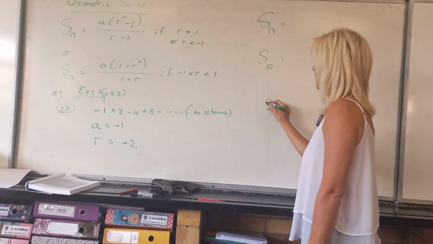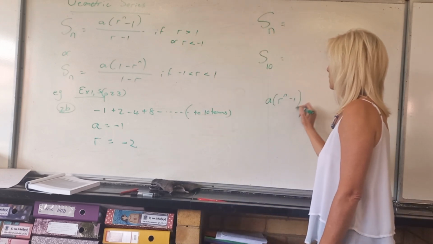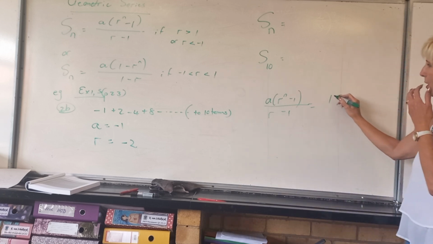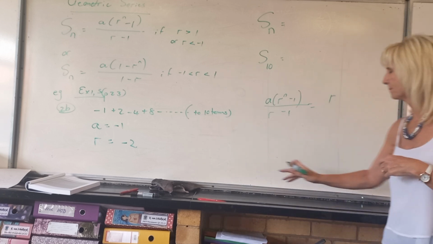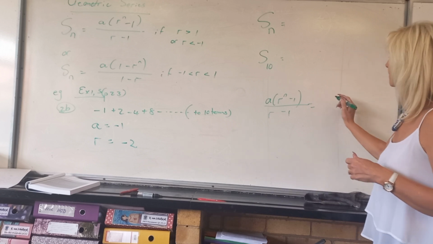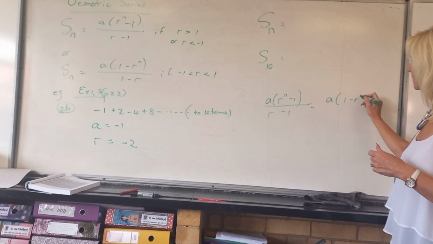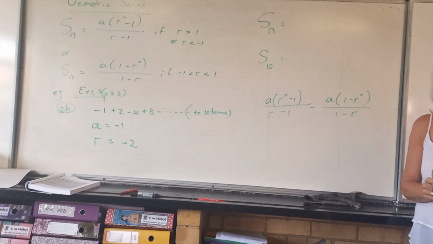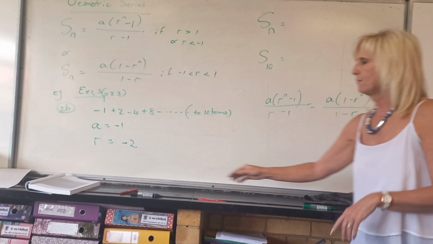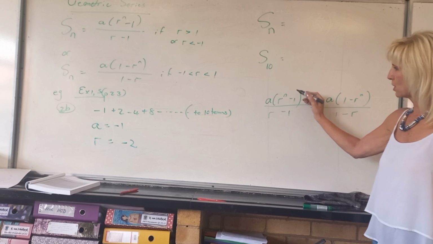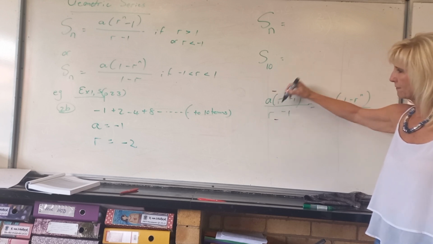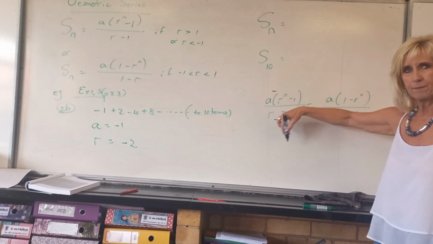If I have a(r^n - 1) over r - 1, and I have a(1 - r^n) over 1 - r, I'm saying that that's exactly the same. For one reason. If you multiply the top with a negative and the bottom with a negative, is this still the same thing?